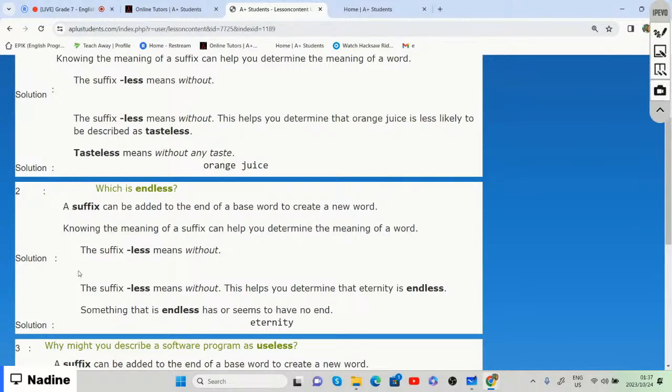It goes on and on and on. So, something that is endless has or seems to have no end. There is no end at all. It is endless. So, eternity is endless.